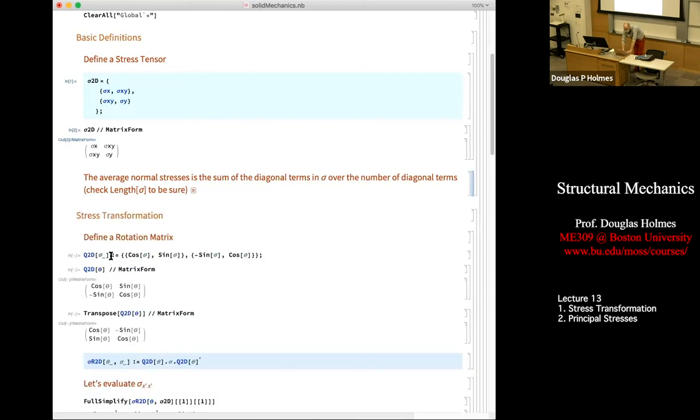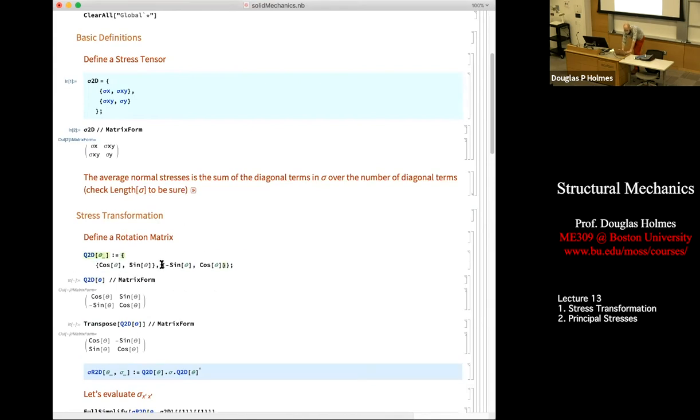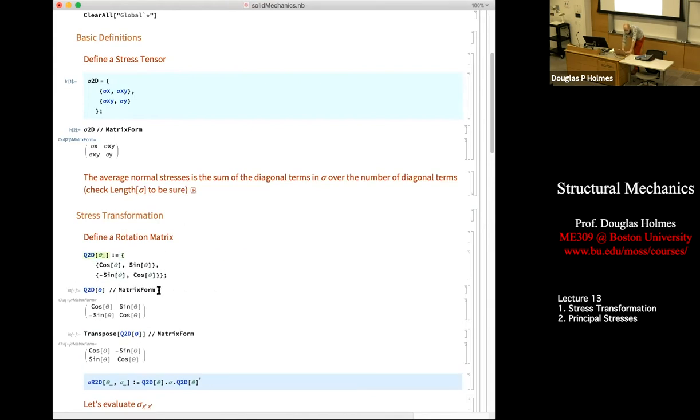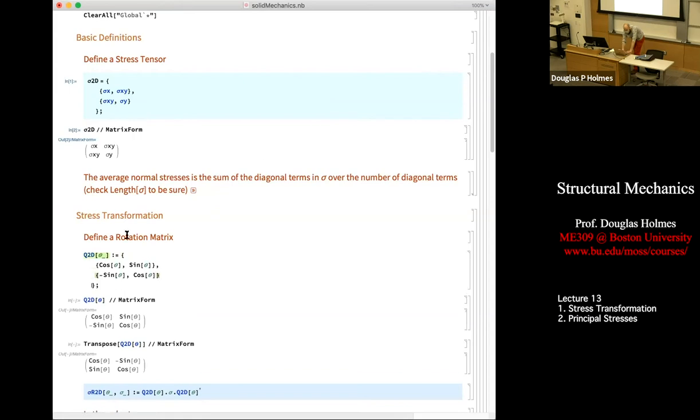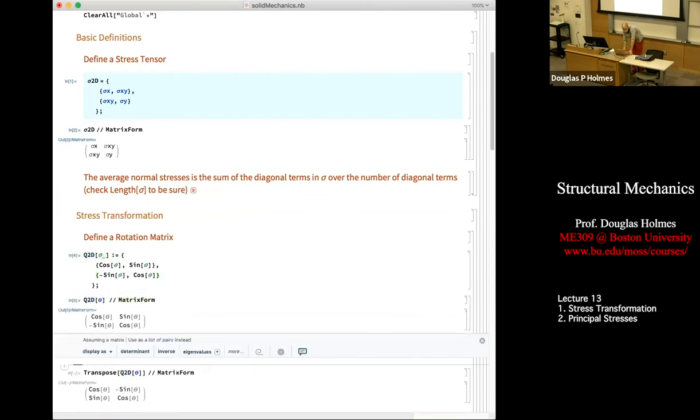Okay, rotation matrix. Here's us defining the rotation matrix. Again, I'll spread this out so it looks more friendly. I'm defining Q in 2D as just cosine, negative sine, sine, cosine. Once we define this, we can observe how it looks.